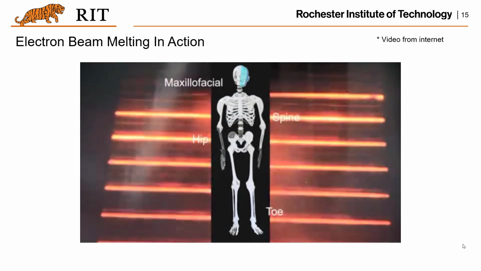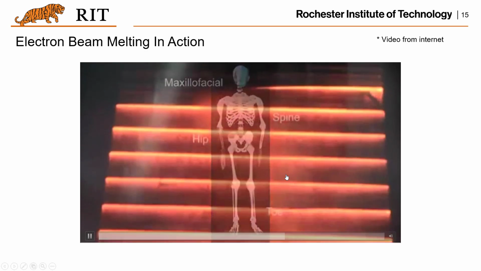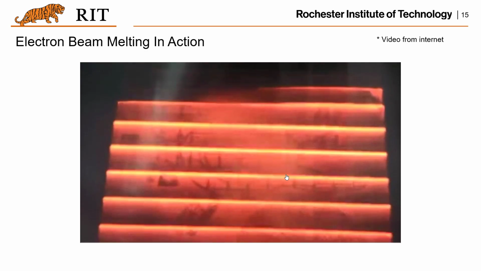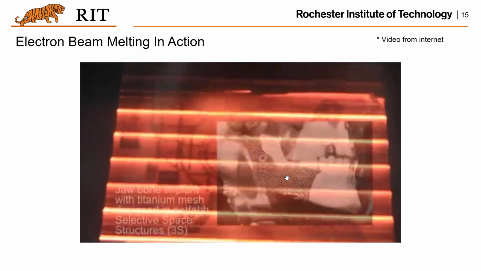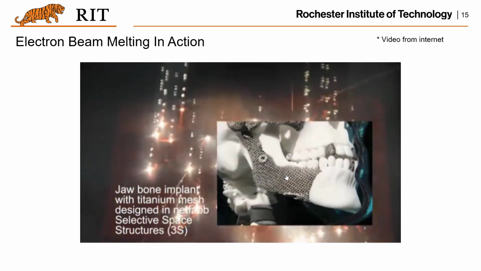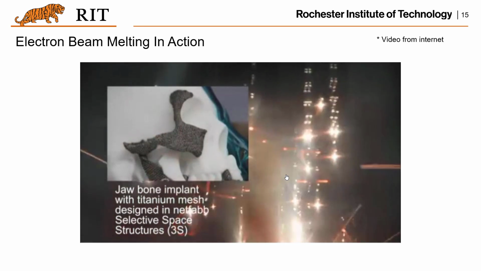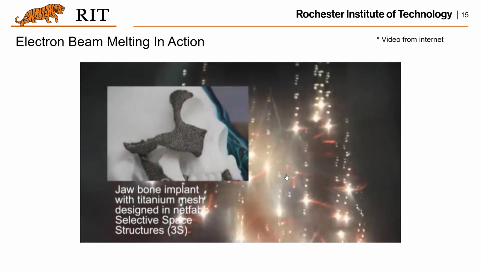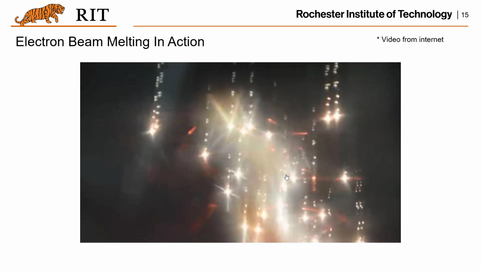It shows a biomedical application for an implant. As you can see, the electron beam looks like multiple energy sources, multiple electron beams scanning, but actually there's only one. I will talk about why it looks like this.